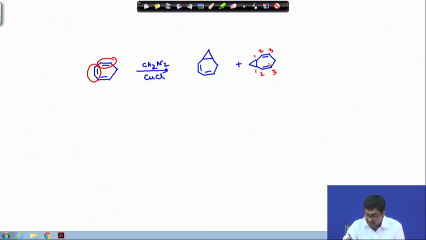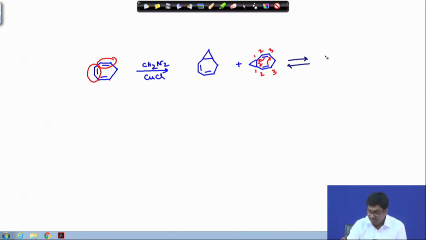Now, if the sigmatropic rearrangement happens, then this will form another product, which is actually degenerate with this particular product.